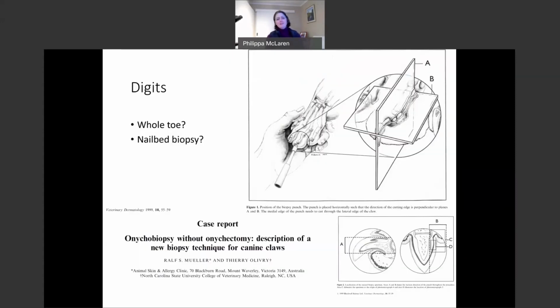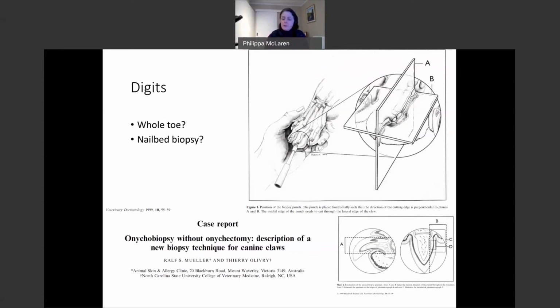Digits. Now, this is a real challenge. There is a wonderful paper that I've referred to so many times now, and it's written by one of my colleagues just down the road. This is a technique for biopsying nail bed when you have a diffuse nail bed disease or a single site. If it's a single site, you might well choose to take the whole digit.